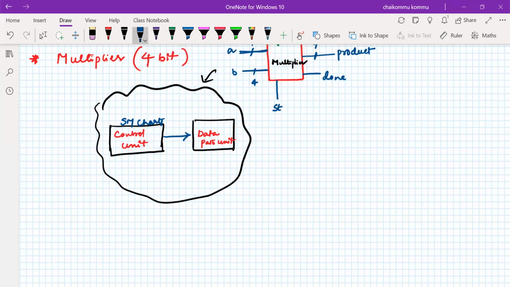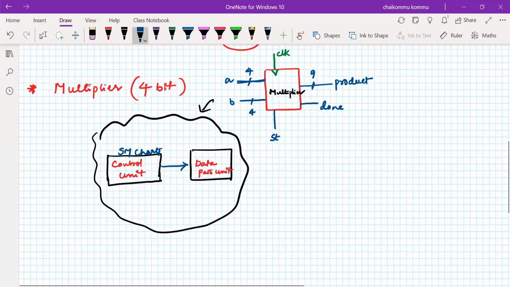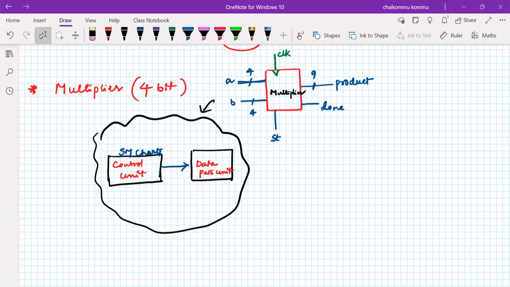First, before going into the differentiation of all these things, we should know what a multiplier is and how multiplication will be done. From the top operation, how do we generate the state graph? From the state graph to the SM chart, how do we develop it? And from the SM chart to hardware, how do we transfer it?